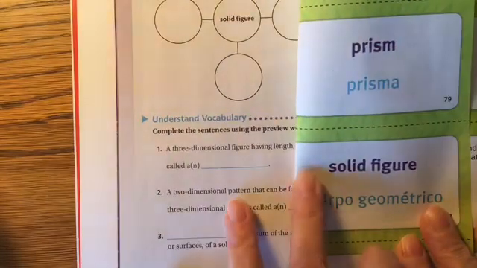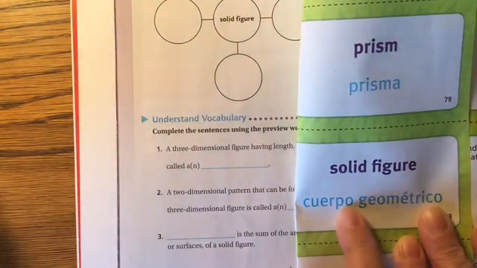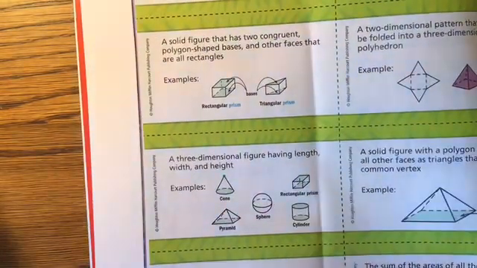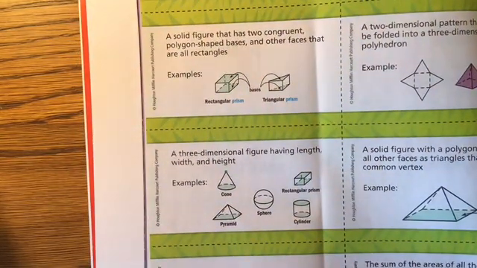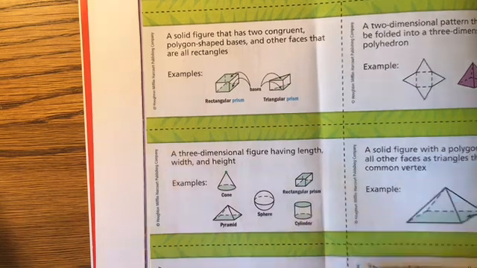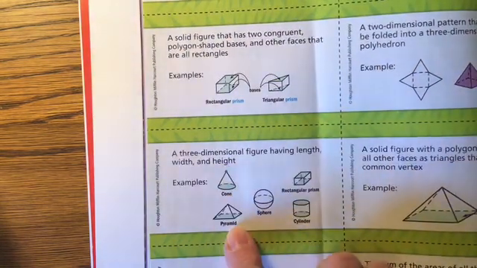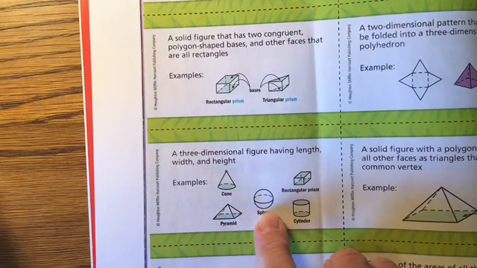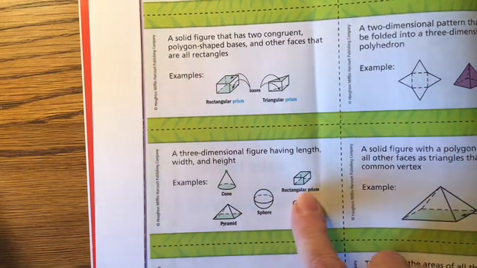If we look at your vocabulary pages here, solid figure, you can see that a solid figure is three-dimensional and it has length, width, and height. And here's some different examples: a cone, a pyramid, a sphere, a cylinder, rectangular prism.